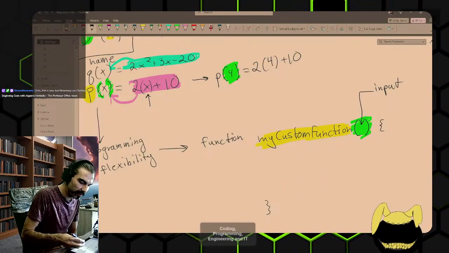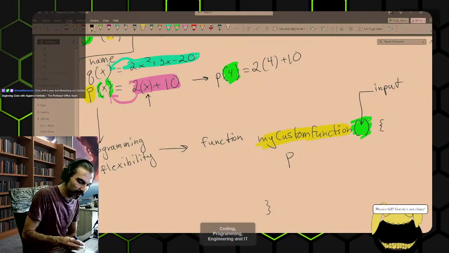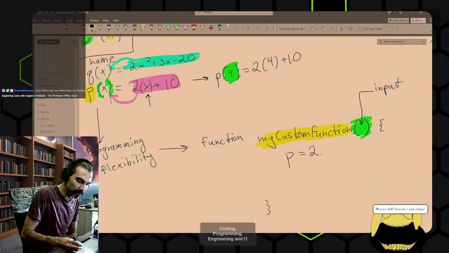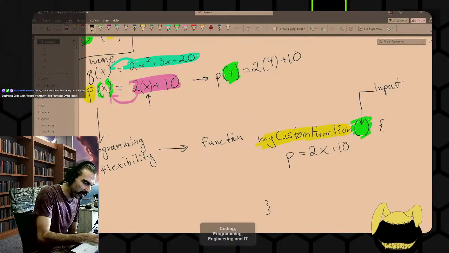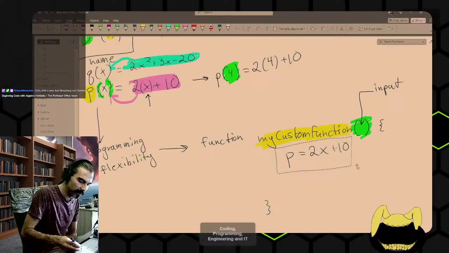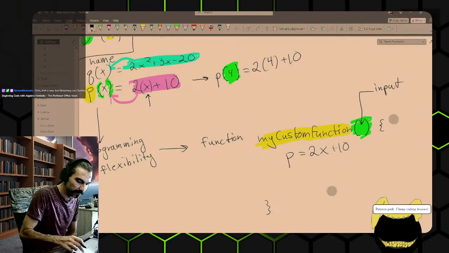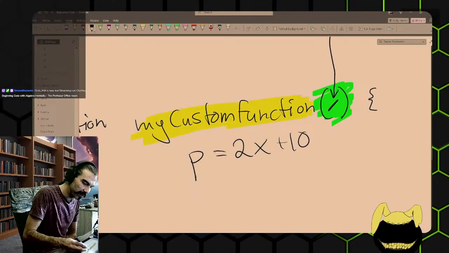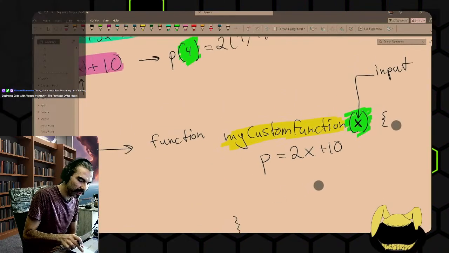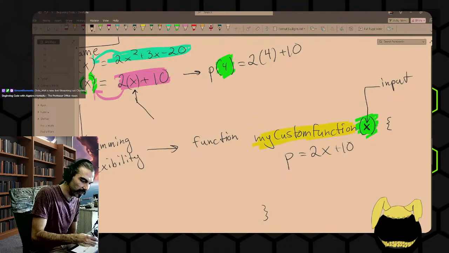First, we'll state that our p is equal to 2x plus 10. In fact, we may need to do this in order. X doesn't exist yet, but what we can do is input x, just like we have over here.